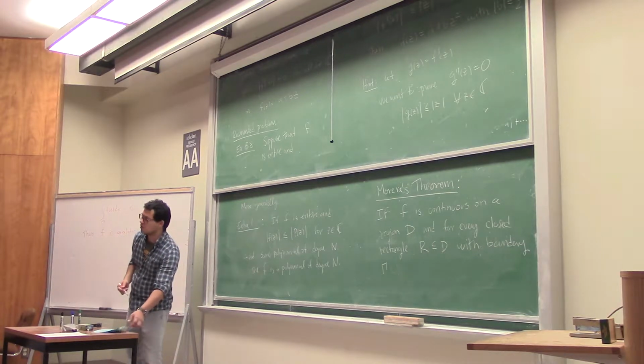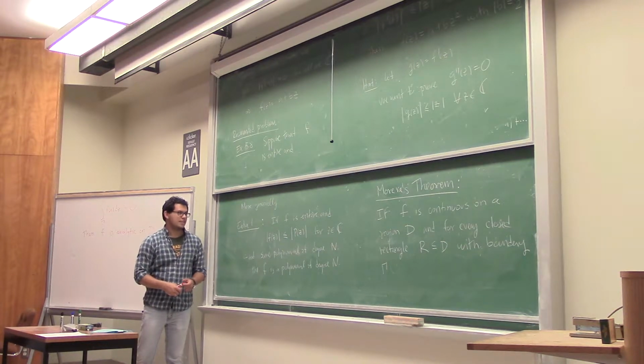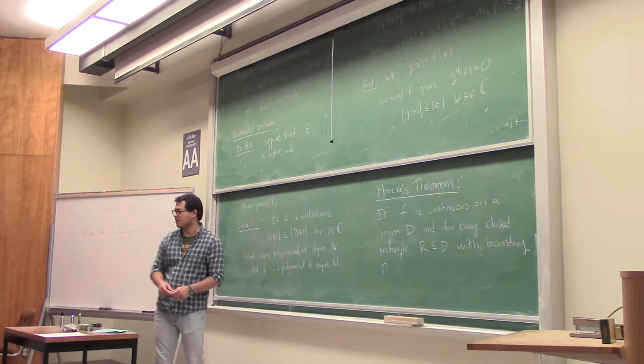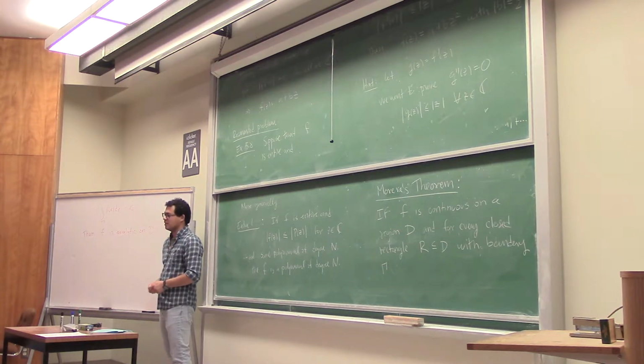This is a converse, right? We already proved the opposite. This is the converse to the rectangle theorem, because the rectangle theorem says that if your function is analytic in a region, and you have any closed rectangle, then you integrate along the boundary and you get 0. Now this is the converse, which is much stronger.